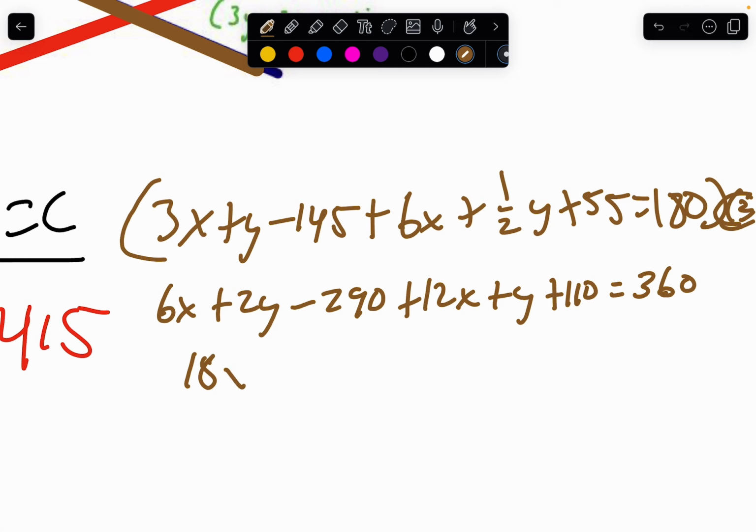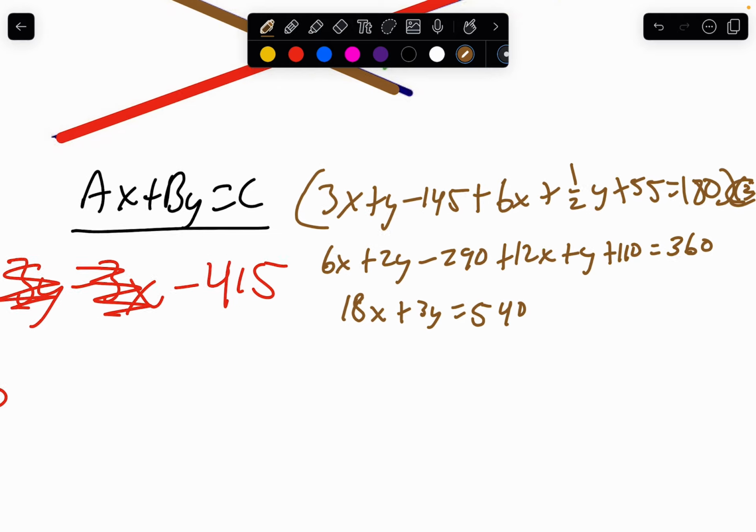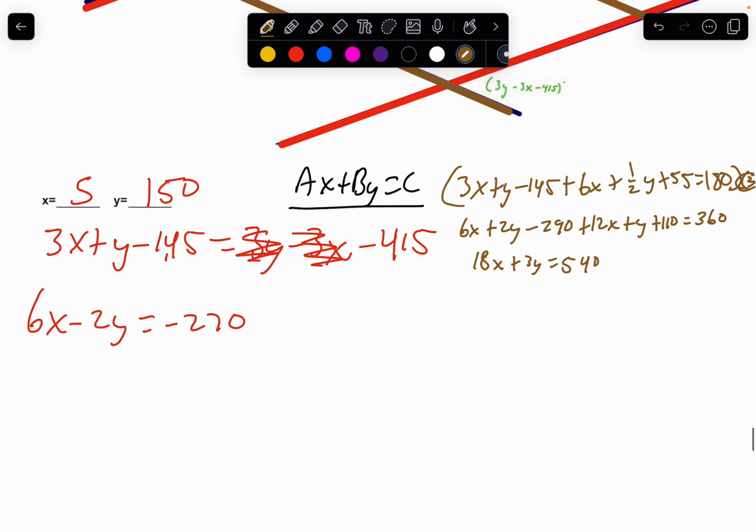So I'm combining like terms. They're on the same side of the equal sign, so we're just combining like terms. 2y and y would be 3y. And then negative 290 plus 110 would be negative 180. Add that over to the other side would be 540. Okay, so there's my second equation.